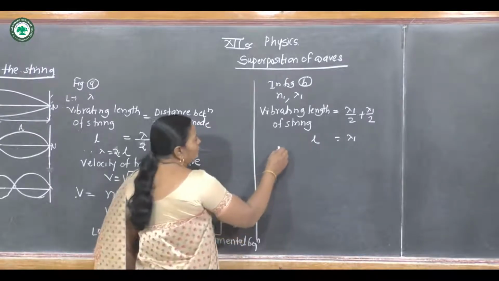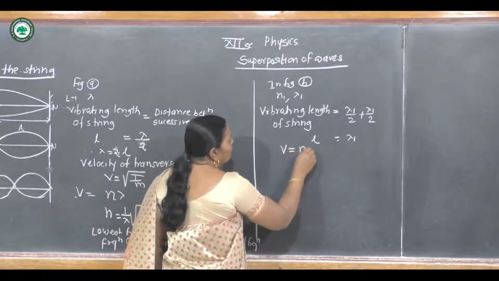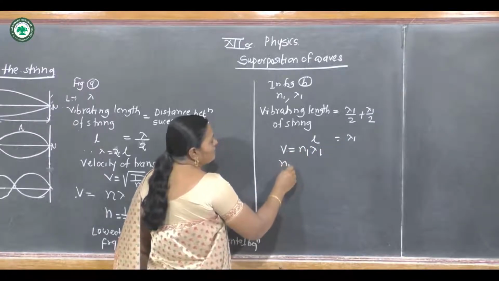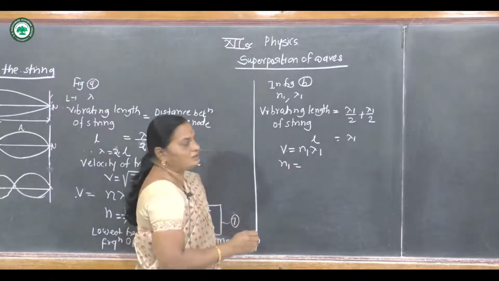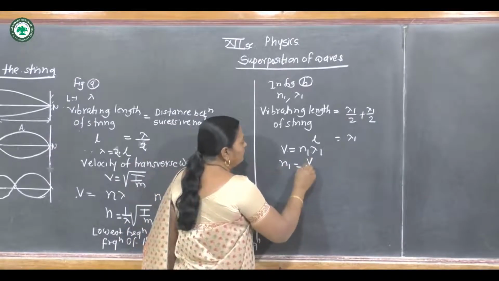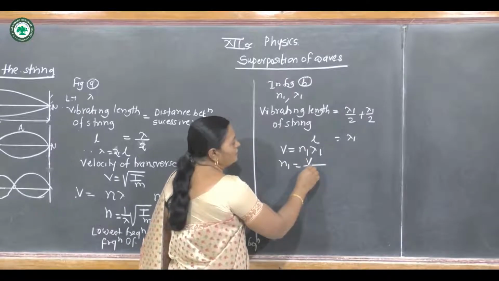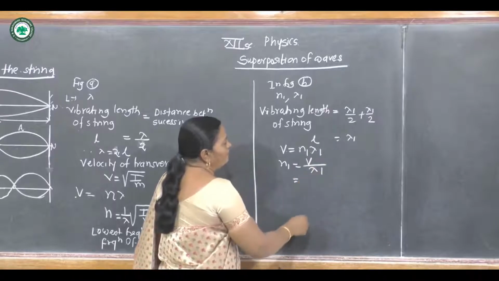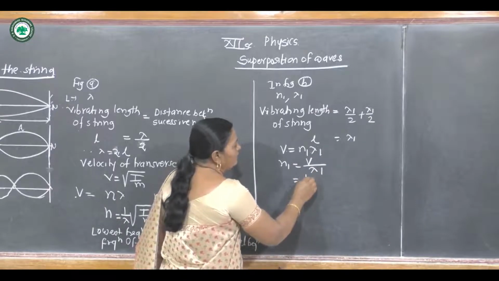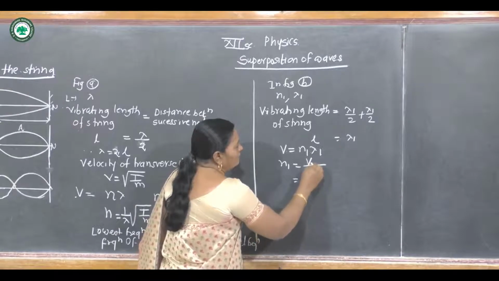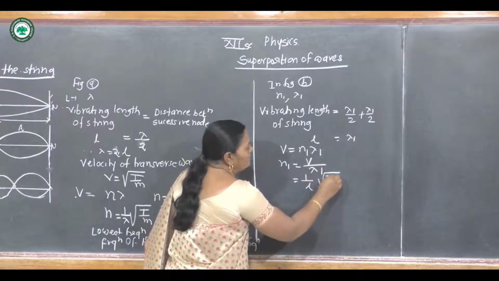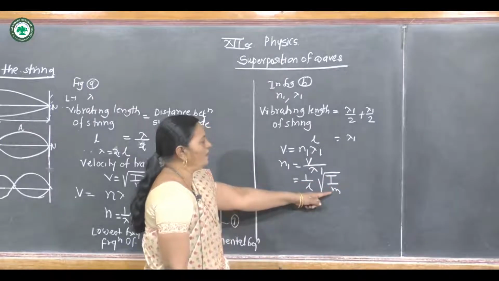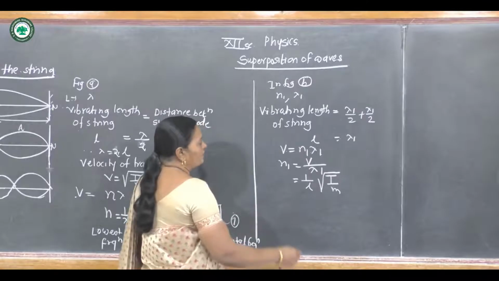Again we know the relation V is equal to N1 lambda 1. We can substitute N1 is equal to V upon lambda 1. Then substitute the value of lambda 1, that is 1 upon L, and the value of V, which is under root T upon M, where T is the tension applied and M is the mass per unit length.